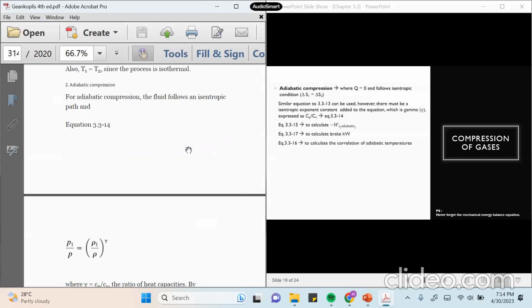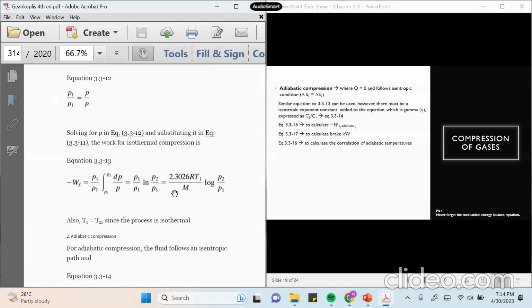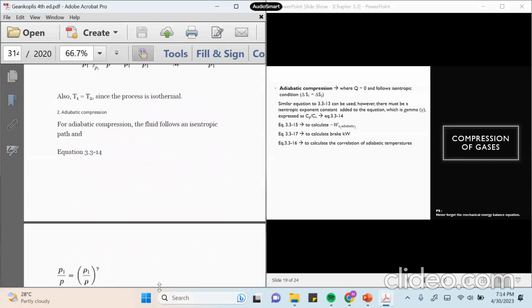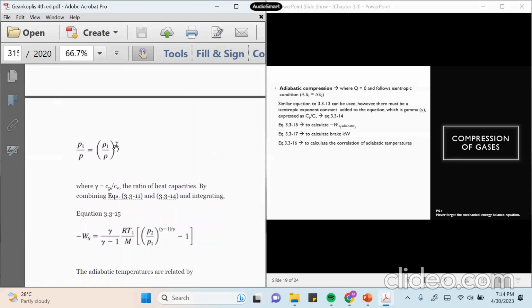Now, similarly, actually you can use this. However, there must be an isentropic exponent constant added to the equation.